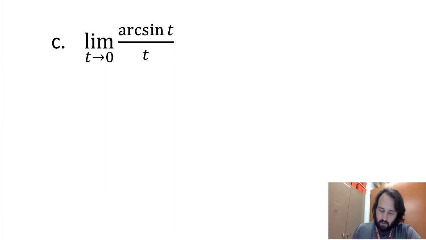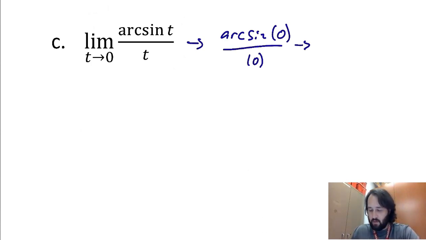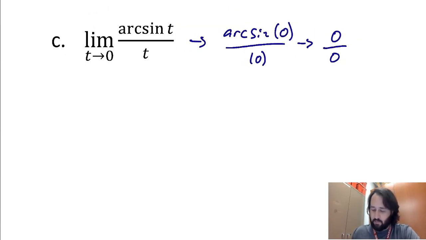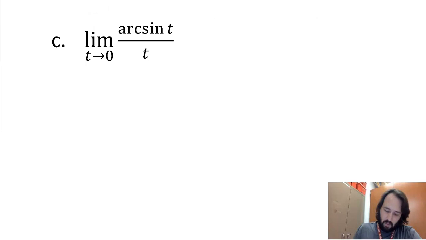Okay, so again, I always try to evaluate these things to see what they are first. So arcsine of 0, that is 0 over 0, so that is indeterminate form. So no longer do I need this information. I've decided this is indeterminate form, so I'm going to use L'Hopital's rule.